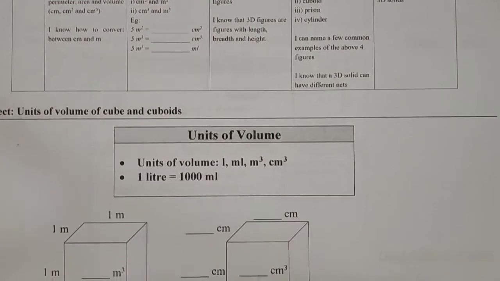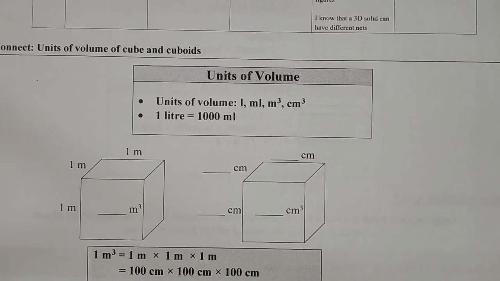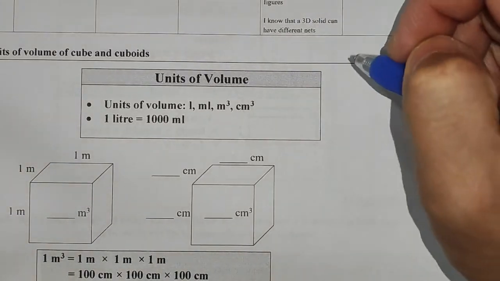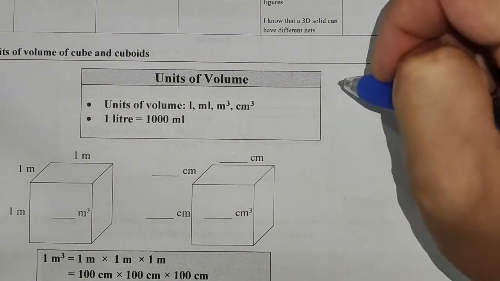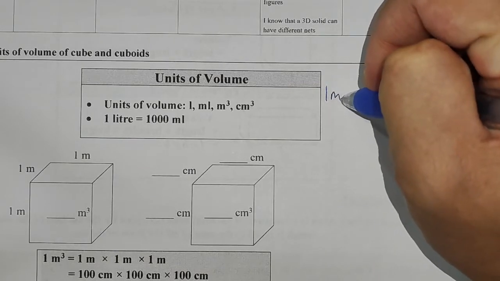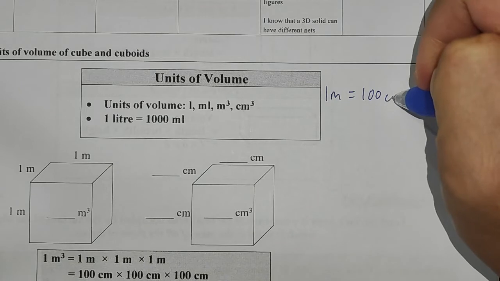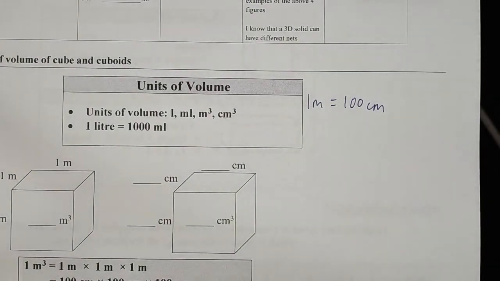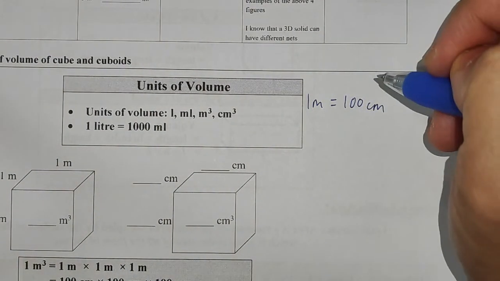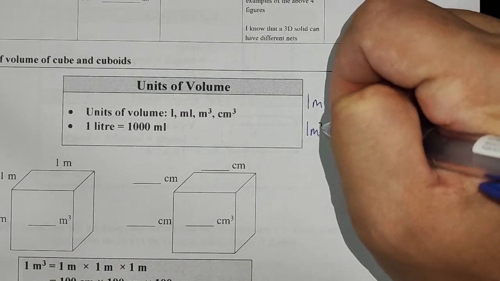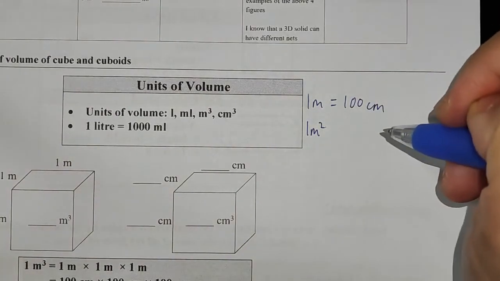First, let us go through how to convert units. Before this, let us recall some knowledge: 1 meter is equivalent to 100 centimeters. Now if I want to convert 1 meter square, what is 1 meter square?